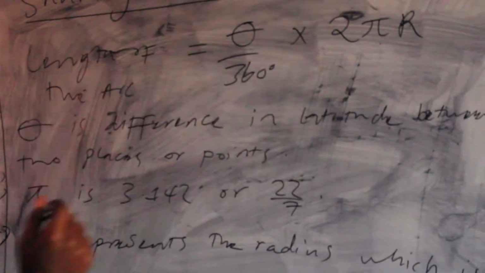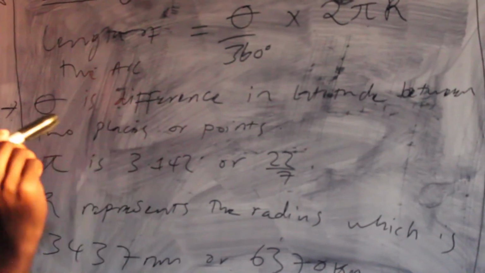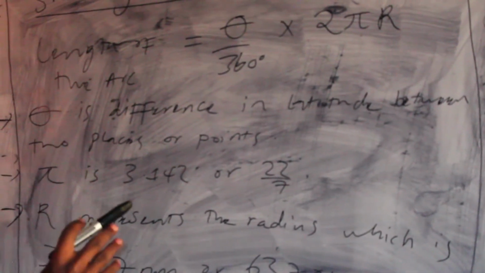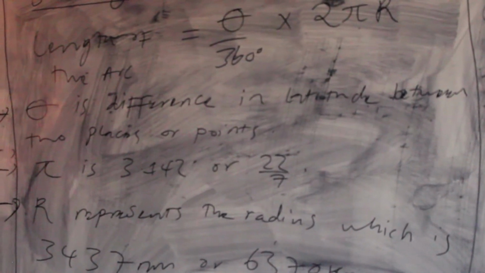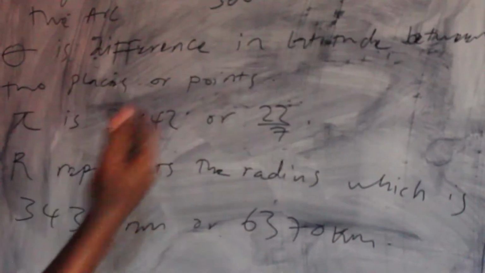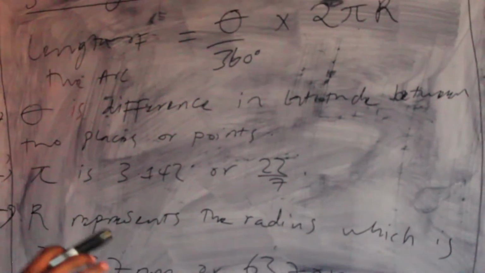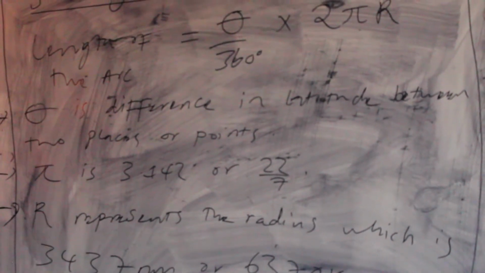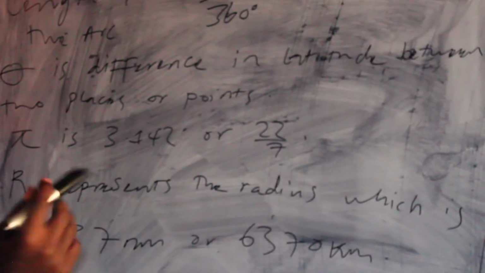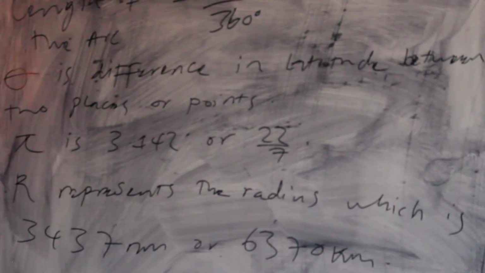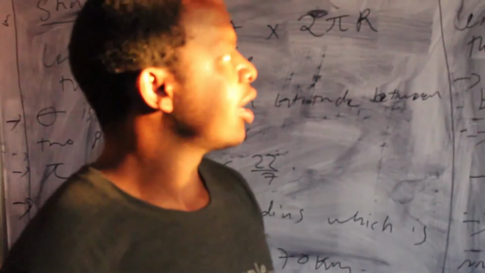Pi represents 3.142, which is given in paper 2, or 22/7, which is given in paper 1. R represents the radius, which is also given in the question as 34.37 in nautical miles or 63.70 in kilometers. This is the formula you use when calculating distance between two places that are sharing the same longitude.